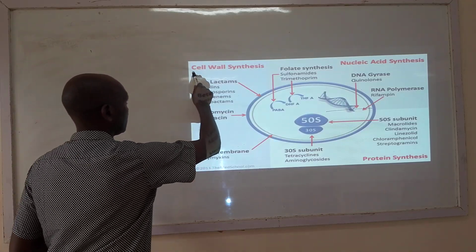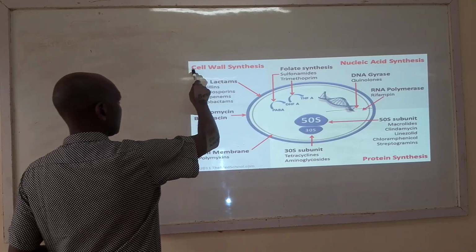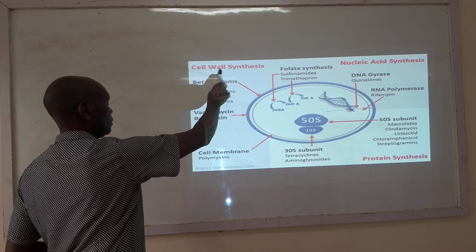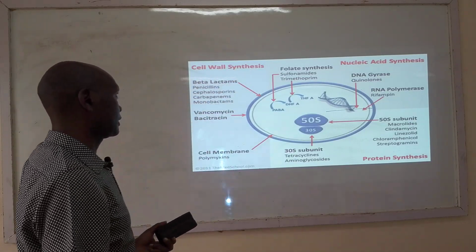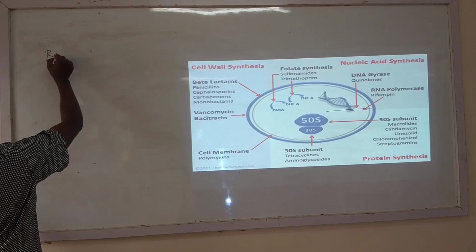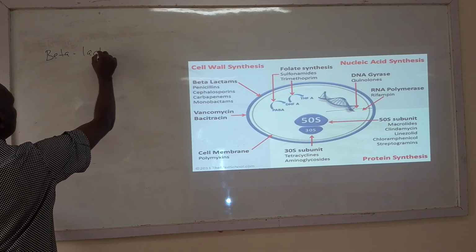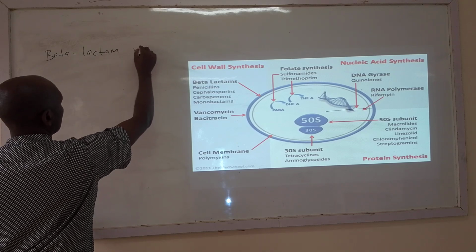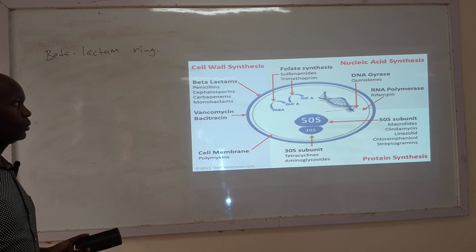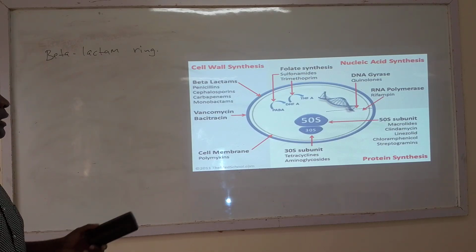For example, take cell wall synthesis. Those antibiotics that act on bacteria by inhibiting cell wall synthesis normally use what we call a beta-lactam ring. This ring resembles the one that is used in the synthesis of the cell wall of a bacteria.